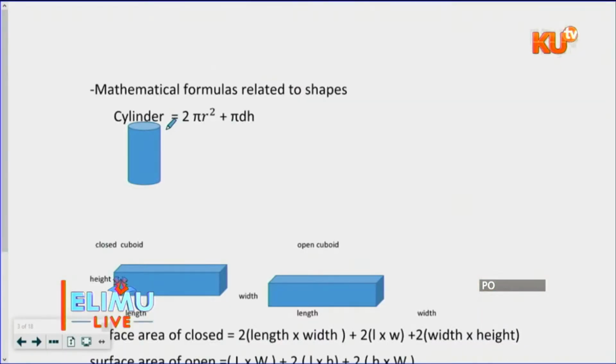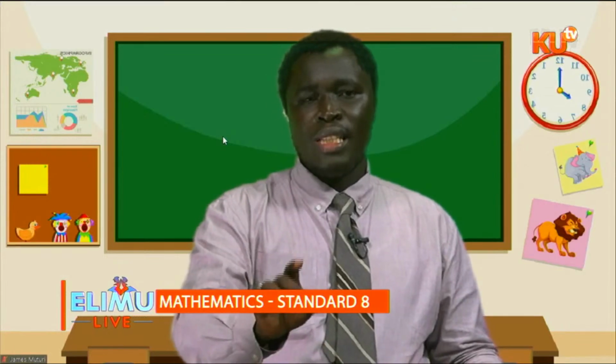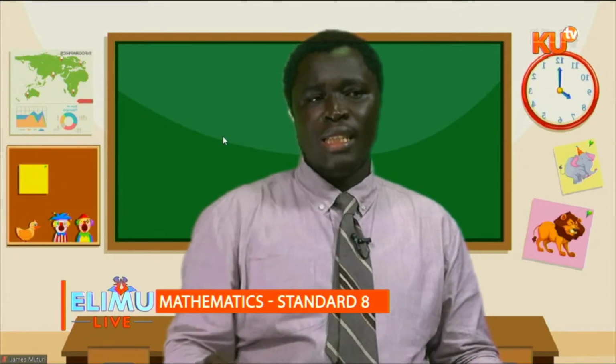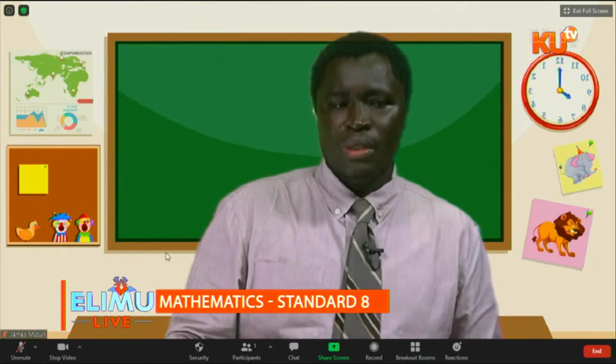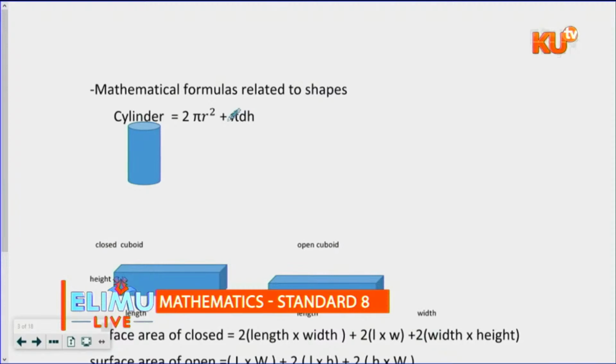And what is the formula for circumference? It is pi d. The formula for circumference is pi d. So in this case, we'll take pi d and multiply by h.